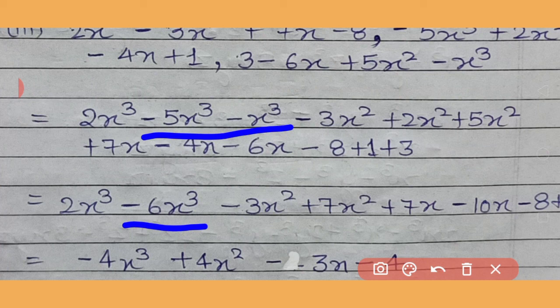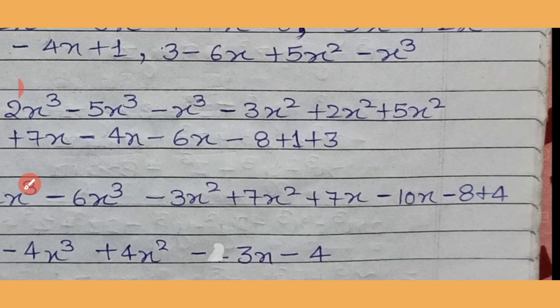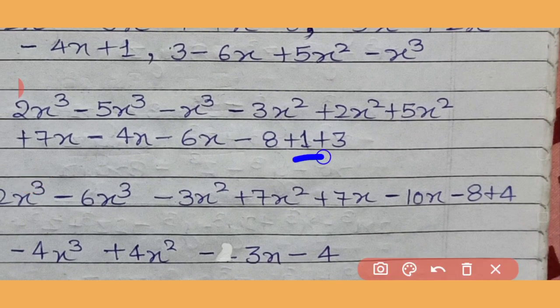And next, 2x square plus 5x square can add because these numbers are positive, and the third number is negative, so minus 3x square plus 7x square. And here minus 4x and minus 6x will add, so it became minus 10x. And next, 3 plus 1 is equal to 4.